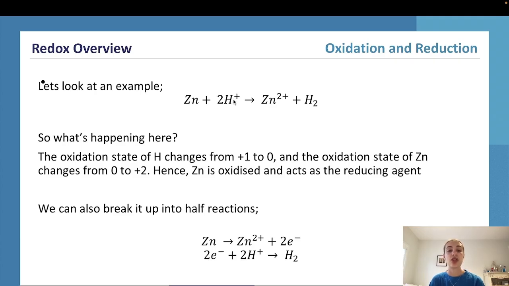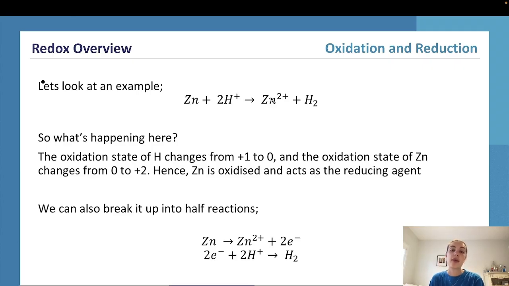And so we can see it's changing from +1 to 0, and then our oxidation state of zinc is changing from 0 to +2. And so we can see this is going to be 0 because it's entirely made up of one type of element, and so that's rule 1, it's going to be 0.